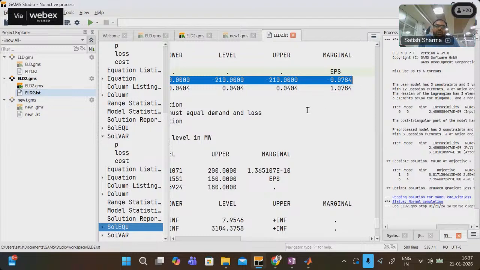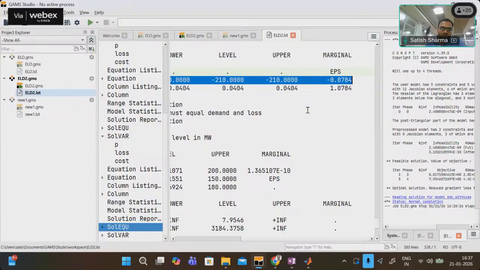If the objective function is changed from cost minimization or social welfare maximization to loss minimization, it no longer represents the price. That's why it is basically the marginal pricing with respect to the losses, not with respect to the cost. And the marginal cost is system price.